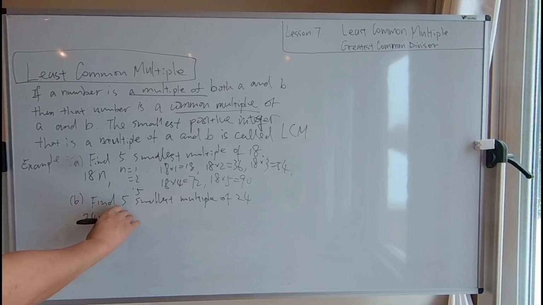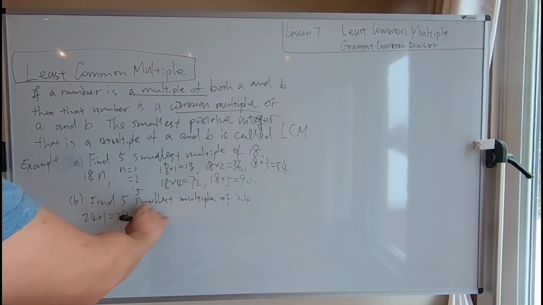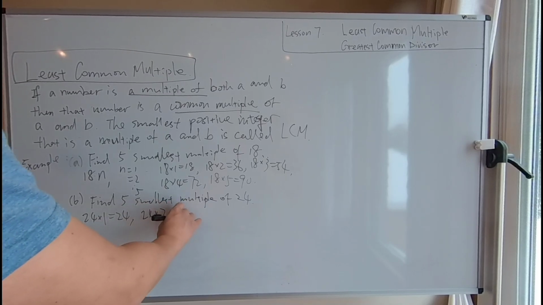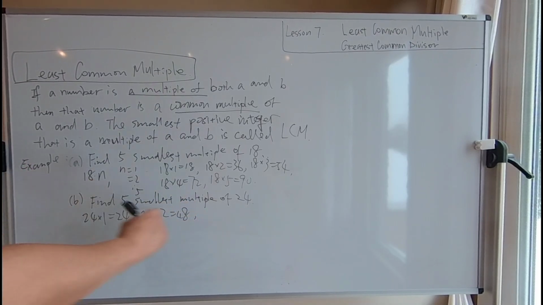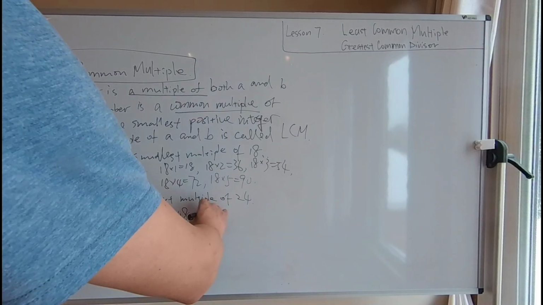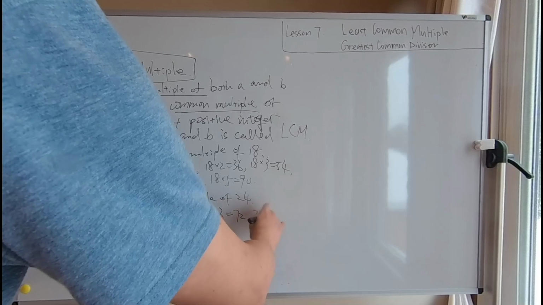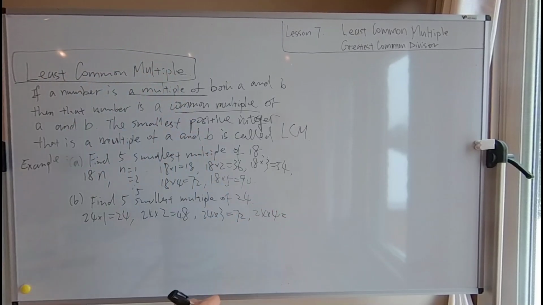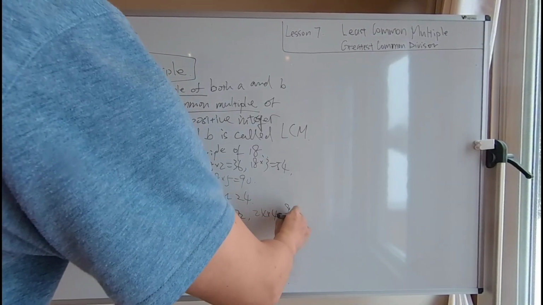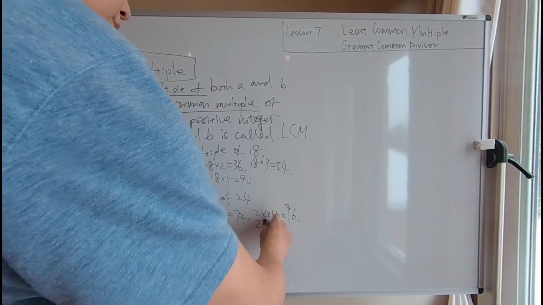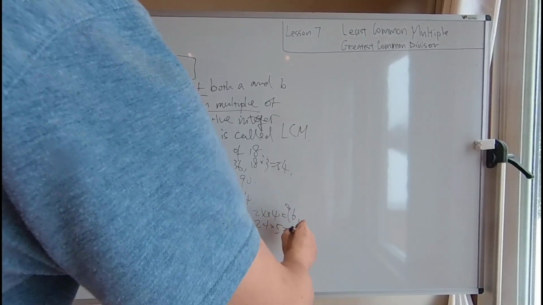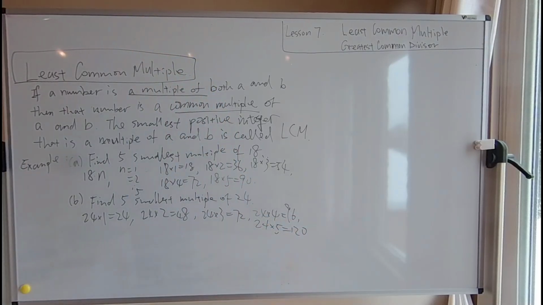It's based on the same idea that the first 5 smallest multiples are 24 times n, where n is a number from 1 to 5. Over here I'm writing down the first 5 smallest multiples of 24.